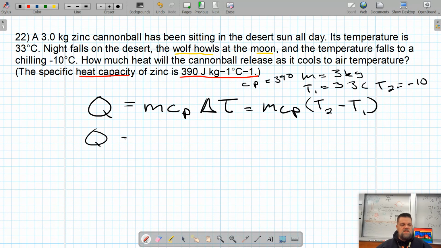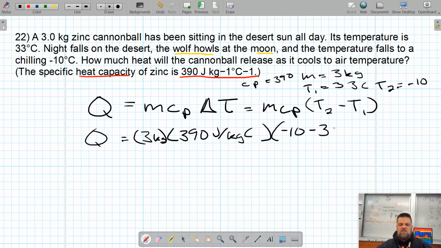So you just plug this in the formula, guys. 3 kilograms times 390 joules per kilogram Celsius times negative 10 minus 33.